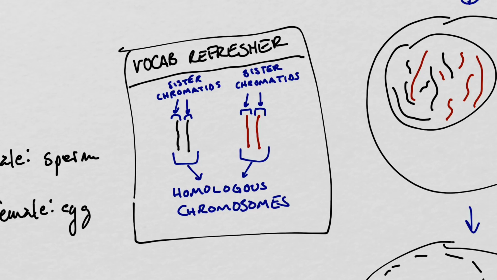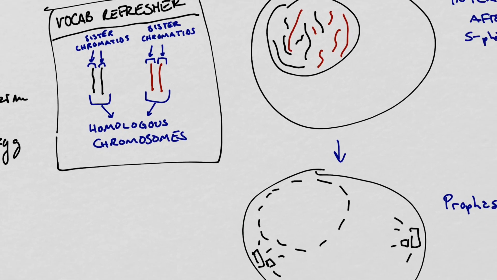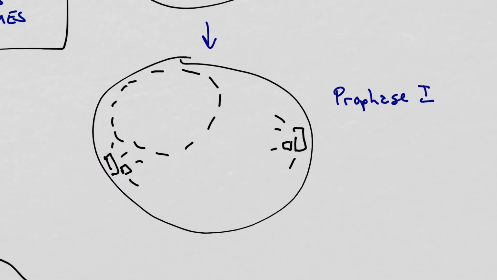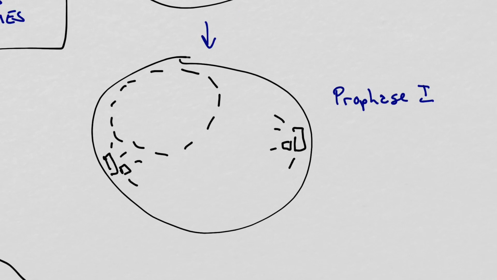So it's important that we keep these vocab words in mind when we're talking about prophase because of what's going to happen in our prophase 1 here. So prophase 1. Now what's going to happen is that the pairs of sister chromatids will pair up, just like in mitosis.